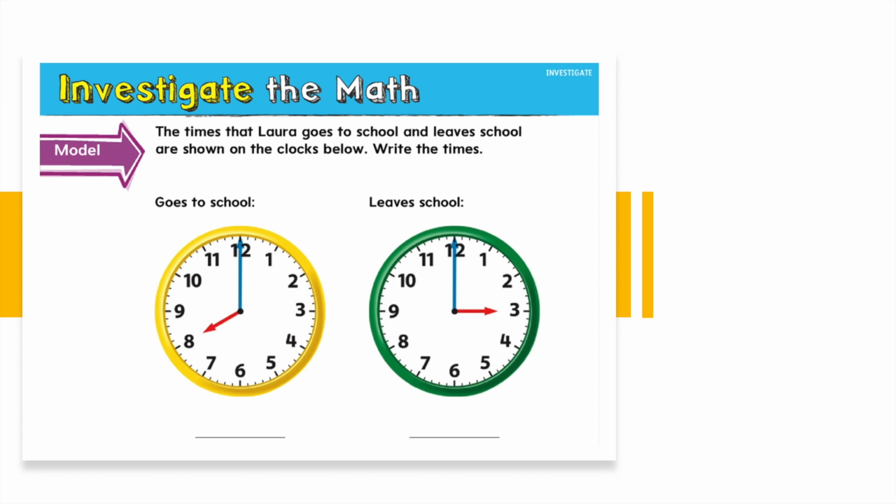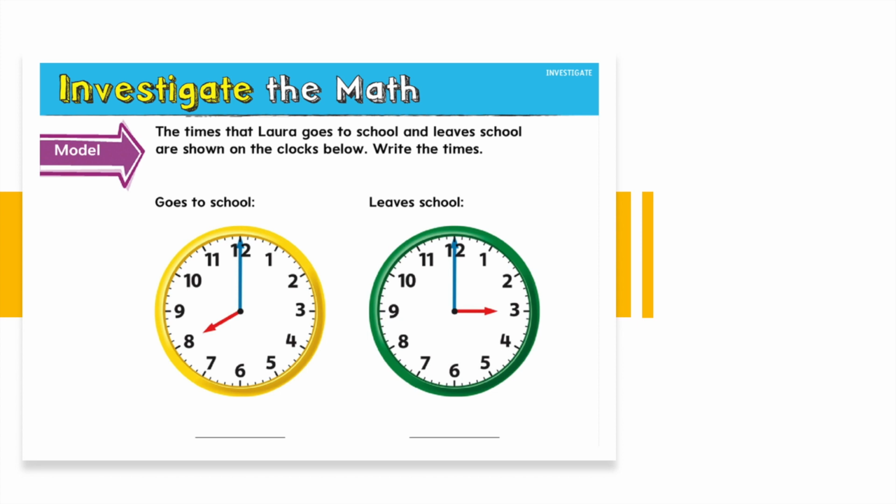Let's go ahead and look at the following clocks. It says, the times that Laura goes to school and leaves school are shown on the clocks below. Write the times. Let's look at the first clock. The hour hand is pointing to what number?